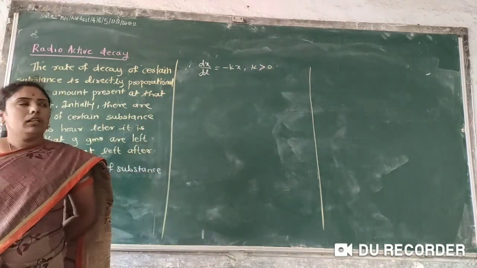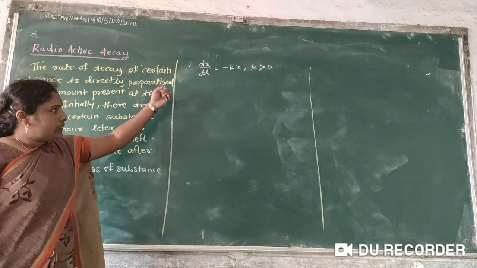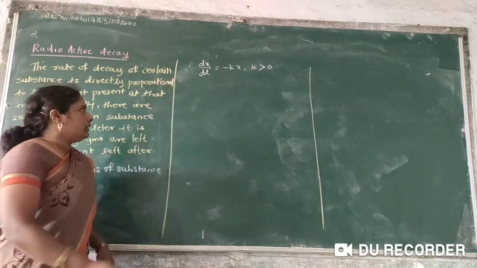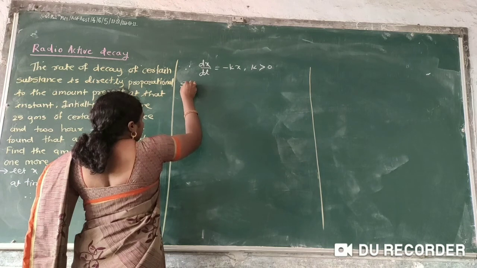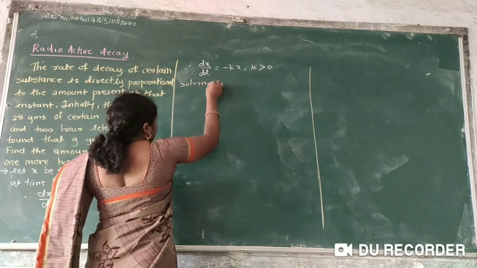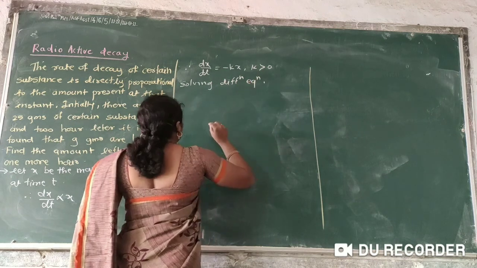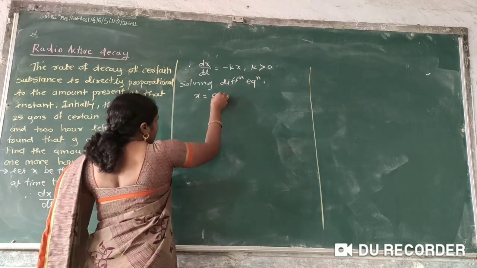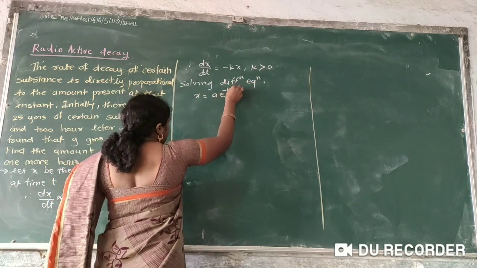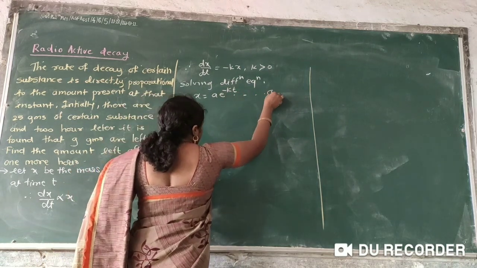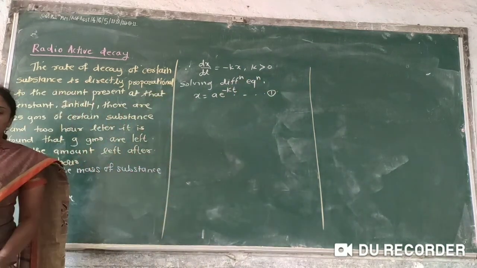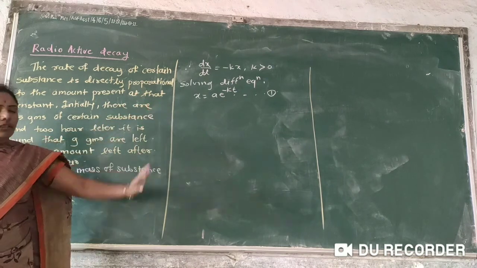This is the proportionality constant. And solving this differential equation, we get x is equal to a into e raised to minus kt. Suppose this is equation 1, which can be used directly.